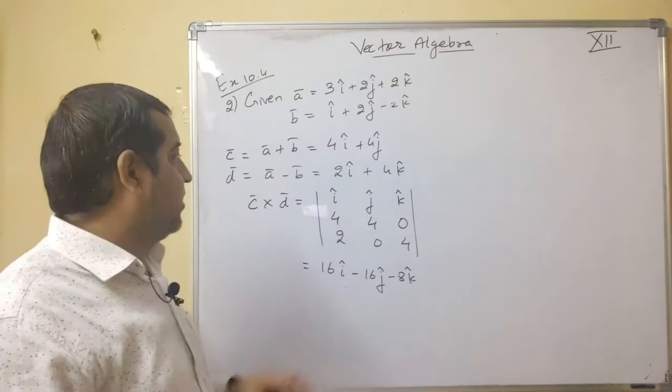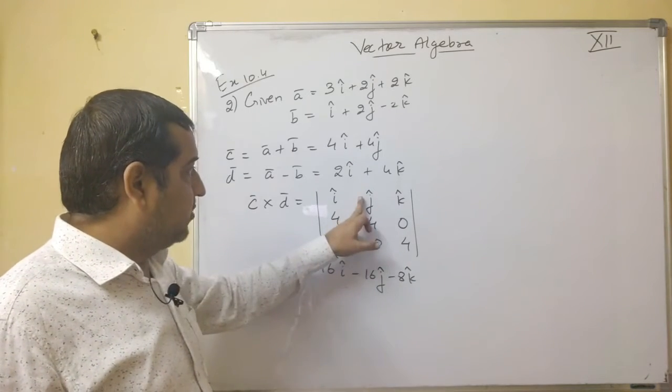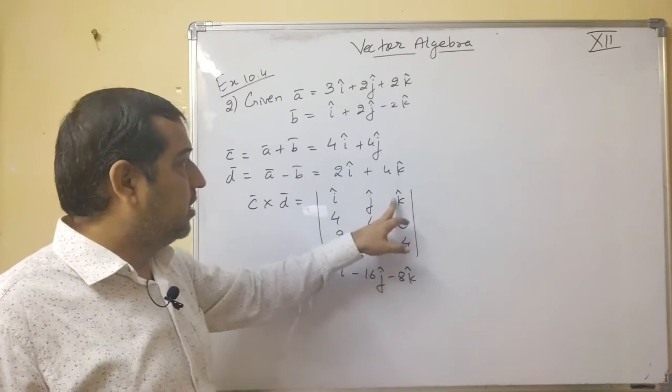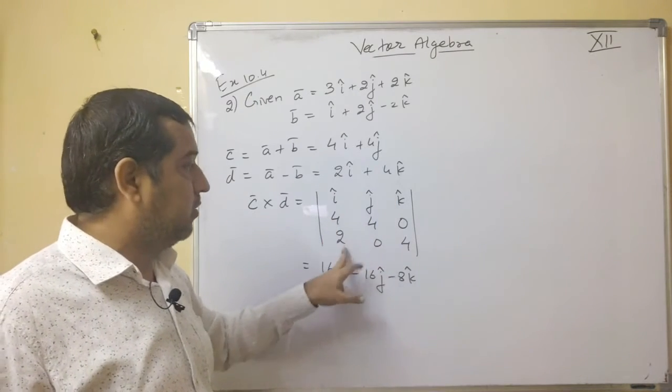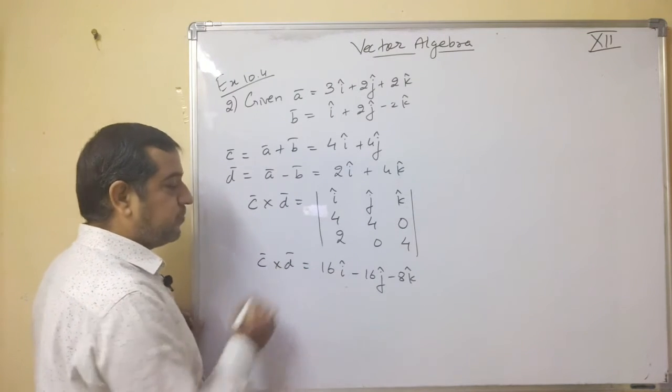Okay, find the determinant. i as it is, 4 times 4 is 16, you get 16, minus j, 4 times 4 is 16, and 2 into 0 is 0, means minus 16 j, and when you take k, 4 into 0 is 0, minus 8, you get this as C cross D.